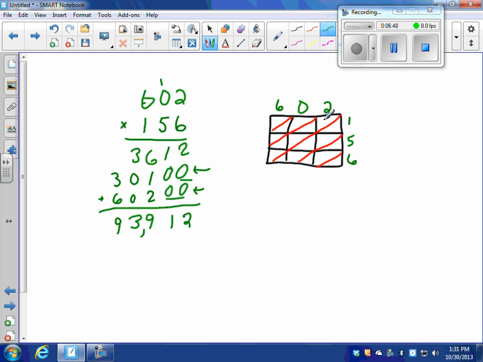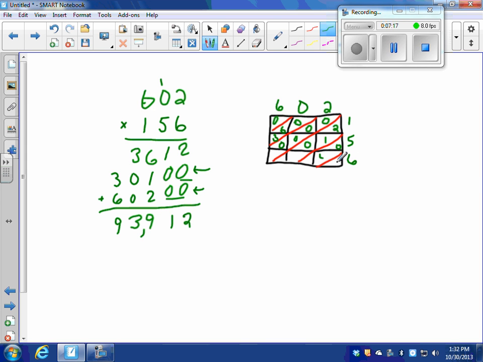So 1 times 2 gives me 2, so I'm going to write that as 0, 2. 1 times 0 is 0, so I would write 0 and 0. 1 times 6 would give me 0, 6. Should have made my boxes bigger. 5 times 2 gives me 10. 5 times 0 is 0. 5 times 6 is 30.